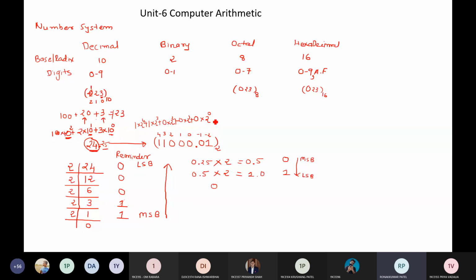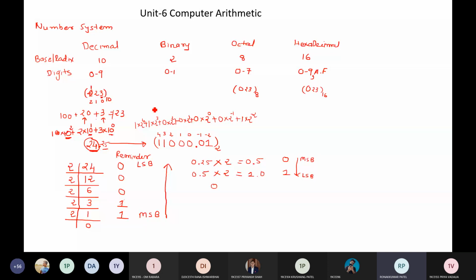This is for the whole value. Plus for the fraction, take that value 0 multiply by 2 raised to -1, plus 1 multiply by 2 raised to -2.